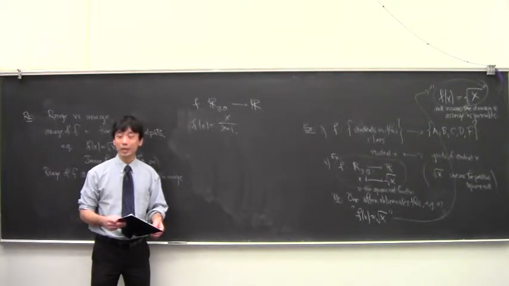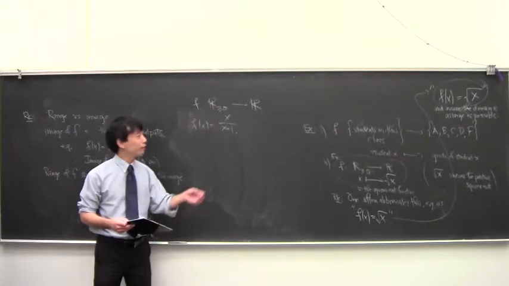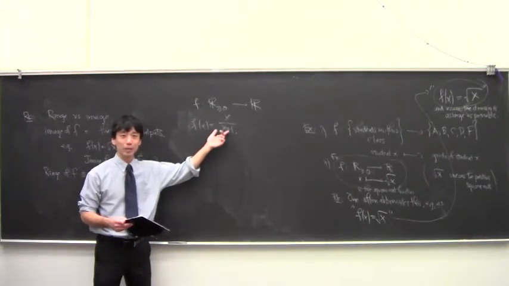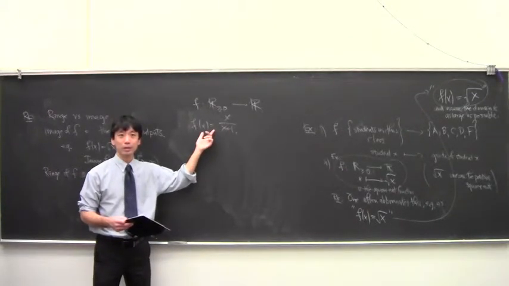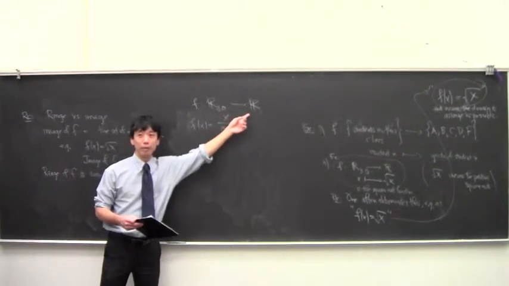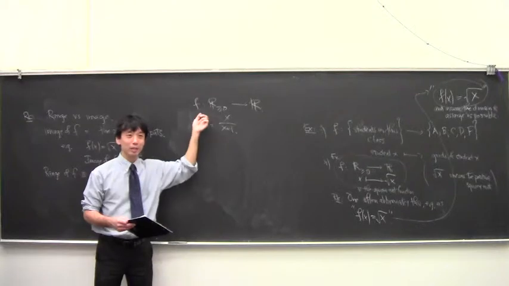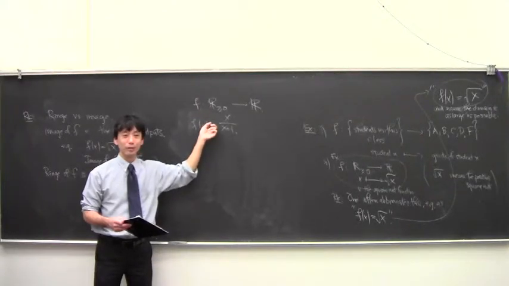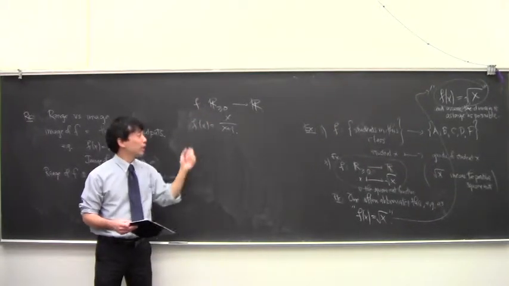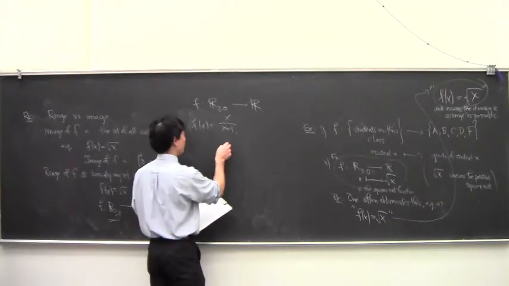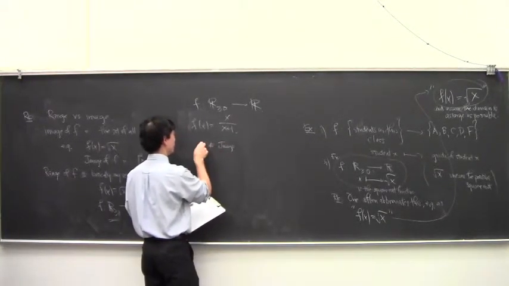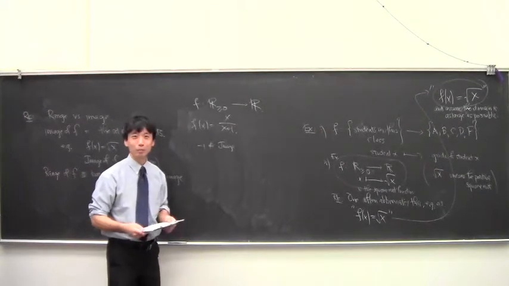Can anyone tell me anything about the image of this function? What kind of outputs can I get out of this function? Do I get the whole real line? Can anyone tell me just anything about it? Mariah, I think you were first. X cannot equal -1. You can't get -1, so -1 is not in the image. Can anyone tell me more about it?